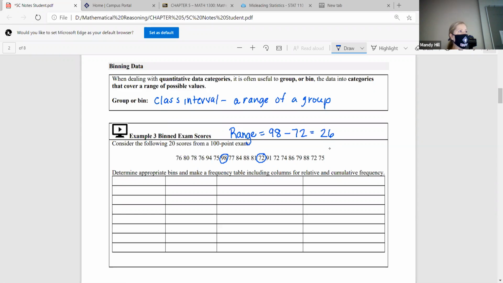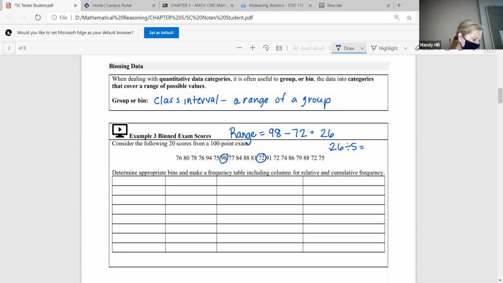Okay, so there's not a right answer here on how many bins. You just need to use common sense. 1 and 2 is not enough. 3 might be okay, because then we're getting it isolated a little bit more. So I picked 5. And if you do 26 divided by 5, it doesn't come out even.